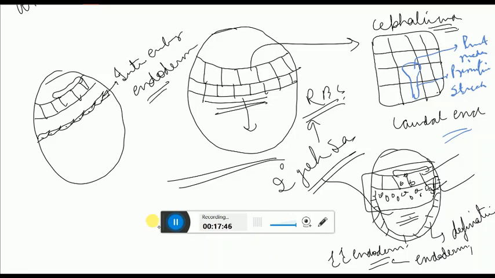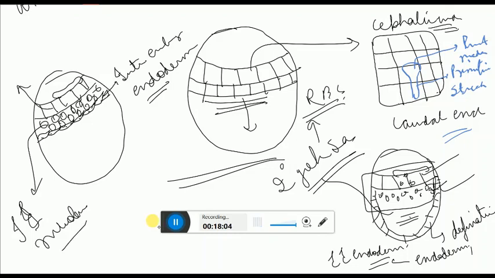After this layer, whichever cells come, they will form intraembryonic mesoderm, and the rest of this epiblast will form intraembryonic ectoderm. So we have seen the formation of extraembryonic germ layers, intraembryonic germ layers, and the secondary yolk sac.